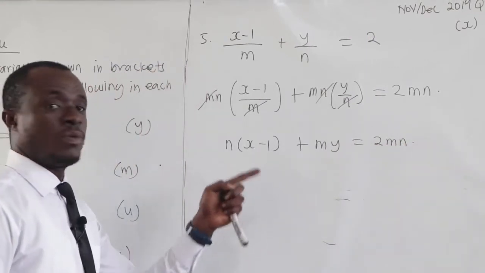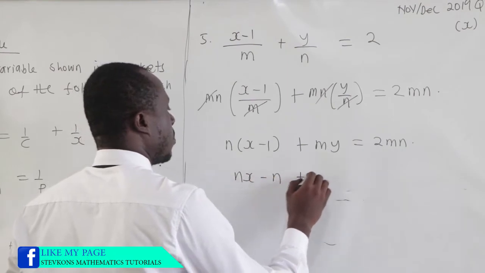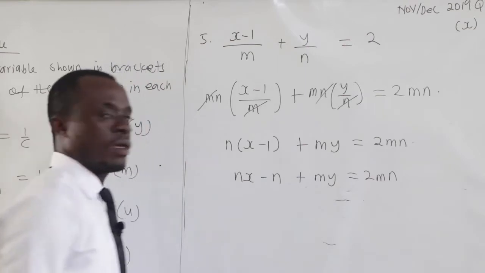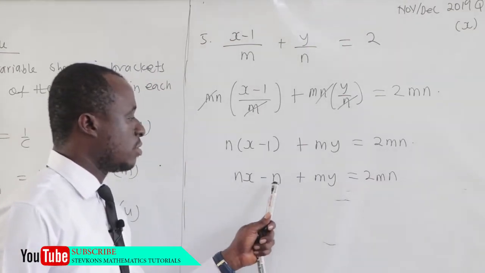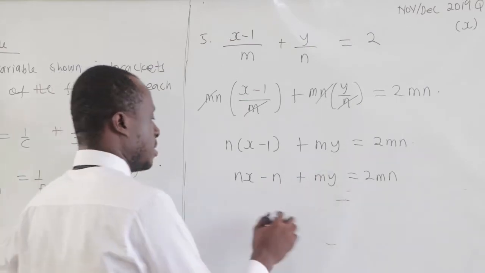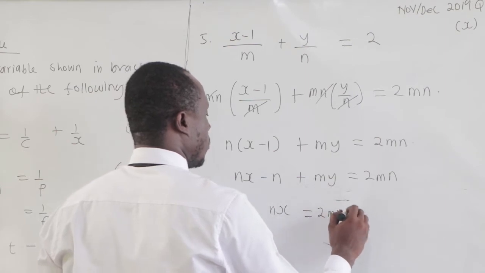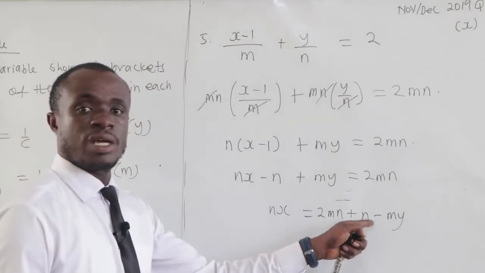From here, what can we do? We can expand. So you have nx minus n plus my equal to 2mn. We want to make x the subject. There's x here. What do we do? Group like terms. All this has to move to the right hand side. We have nx equal to 2mn plus n minus my. Positive crossing becoming negative.